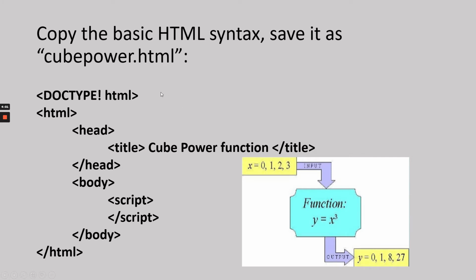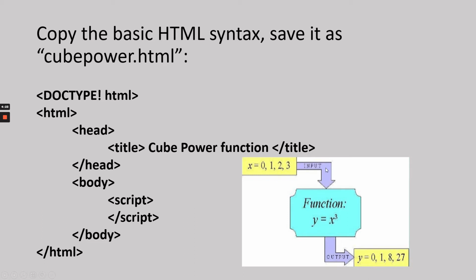Okay, so this is a skeleton for the HTML, and because we want to write JavaScript, there is a script tag inside this body tag. On the right side, there's a picture. Maybe there's a function y equals x to the power of 3.